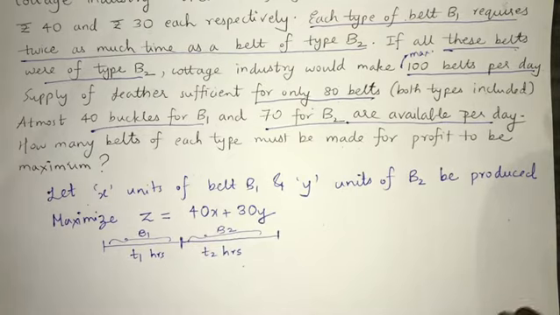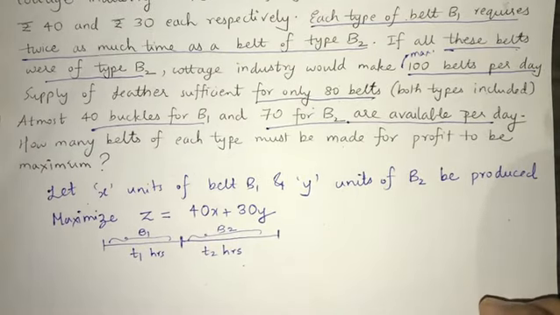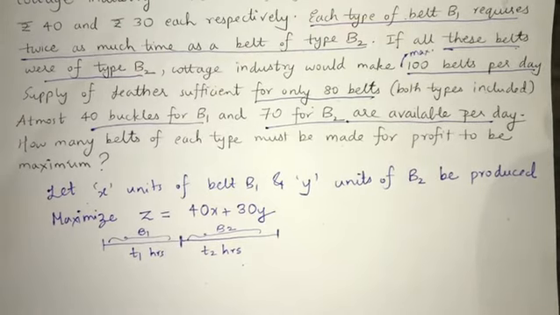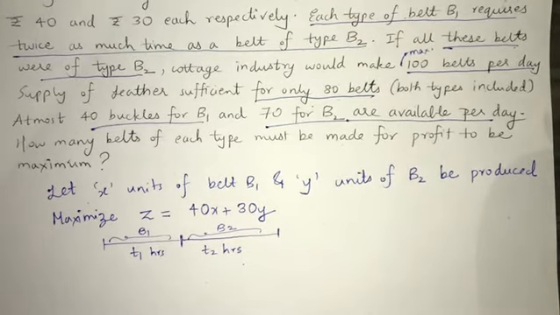Okay, I don't know how many belts are to be made, that we have to find. How many belts are to be made so that the profit is maximum? That is the question. How many belts of each type, right?